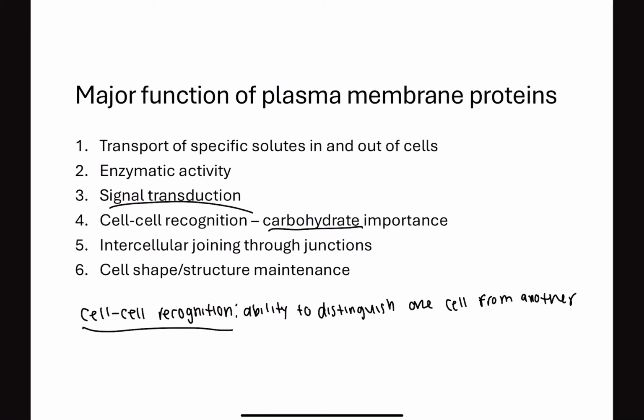So it's going to recognize other cells by binding to the surface molecules on the extracellular surface of the plasma membrane. This is so important because, for example, HIV, human immunodeficiency virus, is going to infect immune system cells by binding to cell surface proteins. So HIV is able to evade the proteins that we find on the surface of a cell.